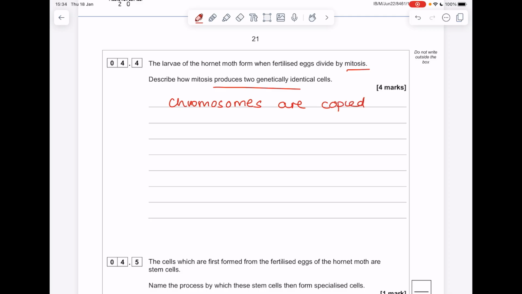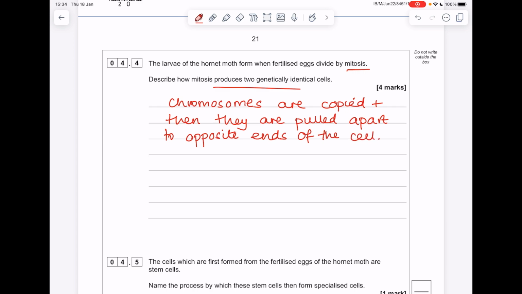And then remember, they line up at the equator of the cell before those chromosomes are pulled apart to opposite ends of the cell. To produce 2 new cells, you need that cytoplasm to divide into 2. Because those chromosomes have been copied, the new cells are genetically identical.